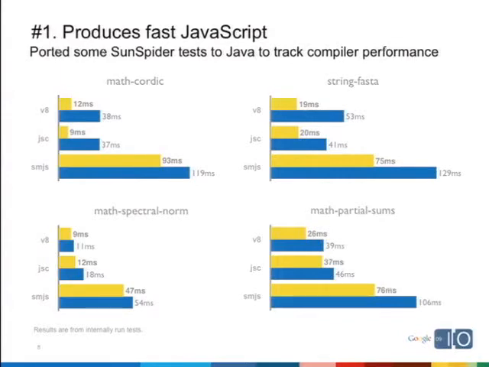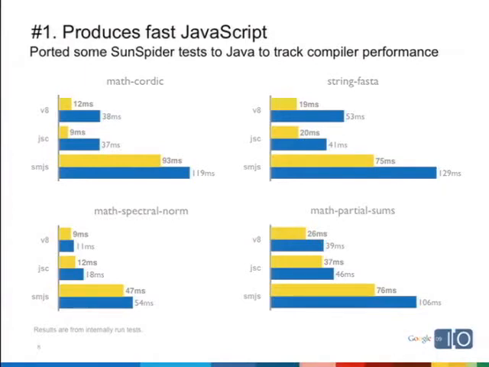If we're going to make the claim that GWT can produce faster JavaScript code than you would write by hand, we should check this and continue to check it. As we make changes, we should make sure it continues to hold to its promise. And as you can see, it does pretty well on the ones I've highlighted. I'll show you some more in just a second.